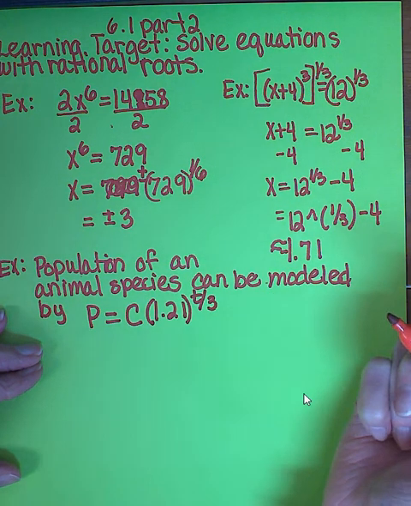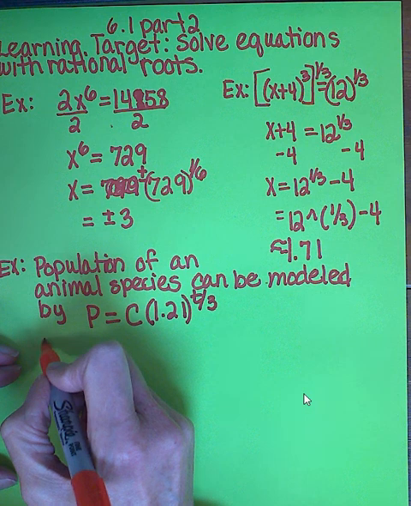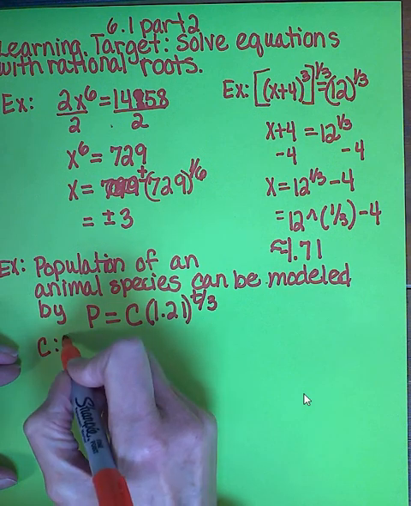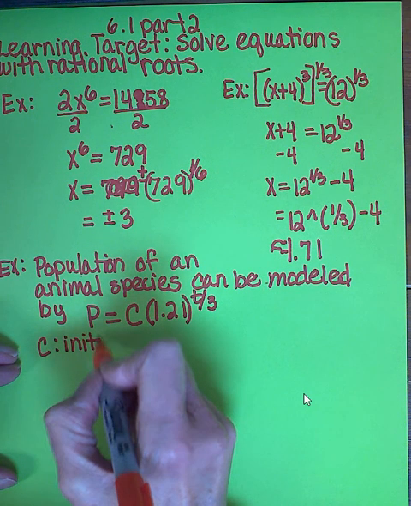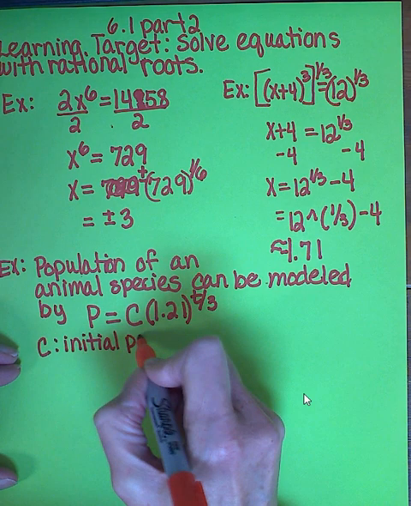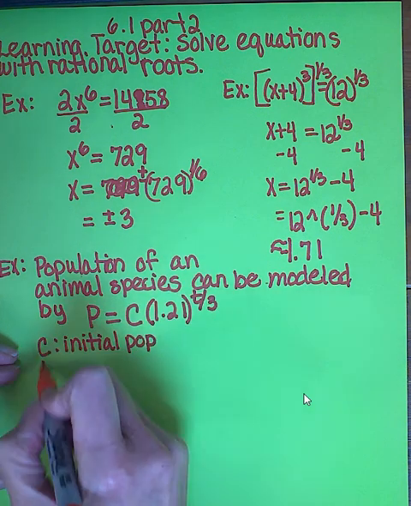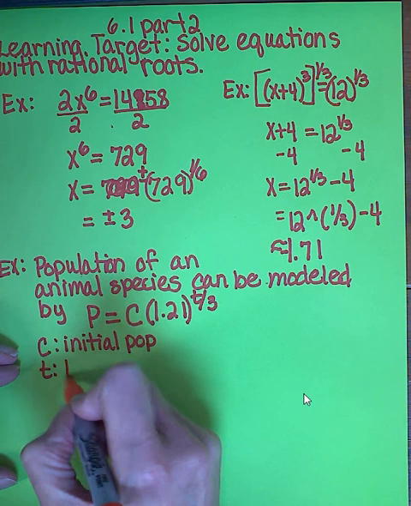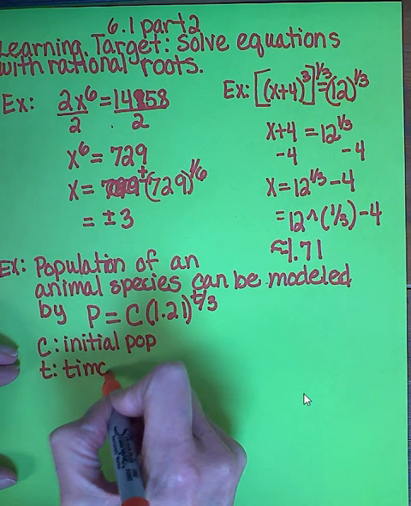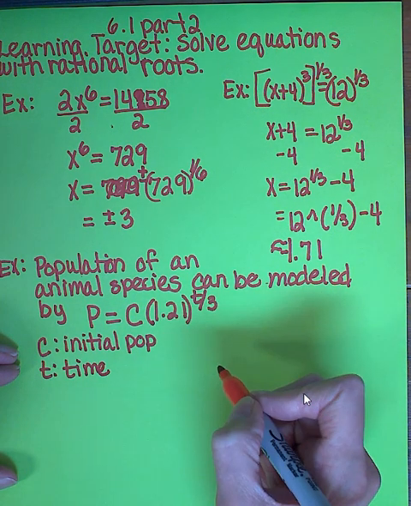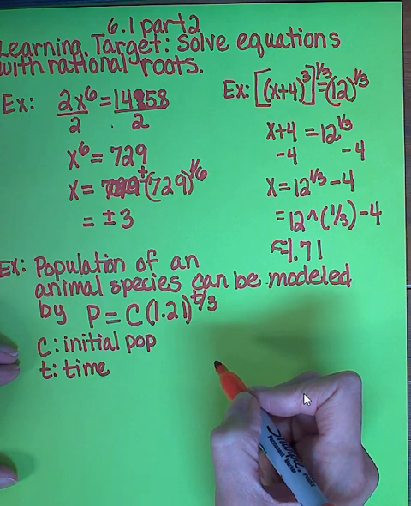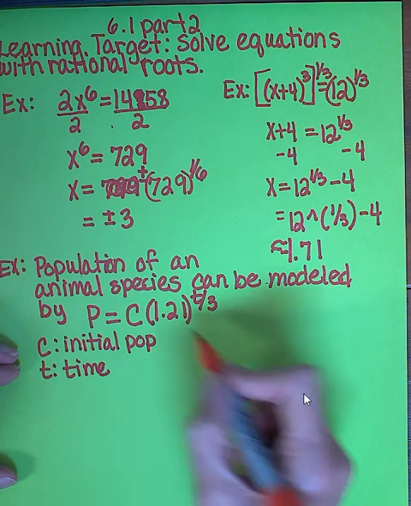Okay, and C is our beginning or our initial population of the animal, and T is time. And in the parentheses here, it's telling you how fast the population is growing. This one is growing by 21%.